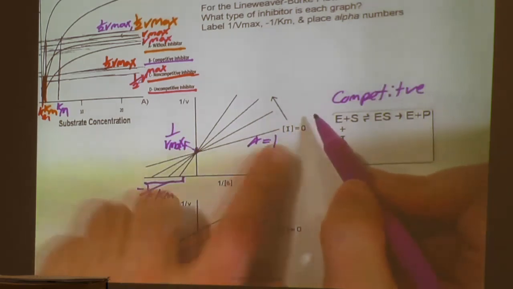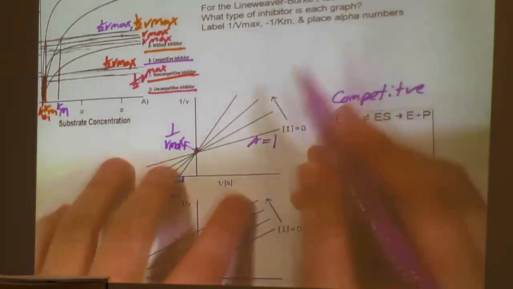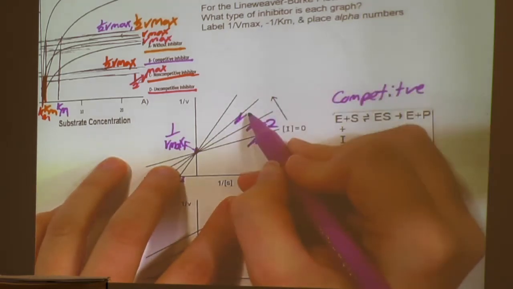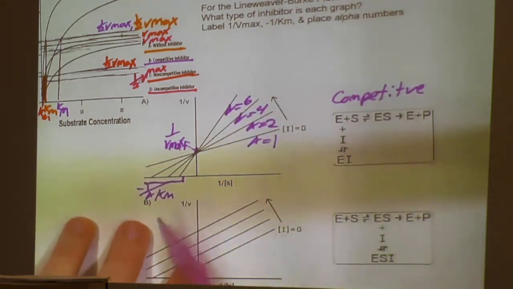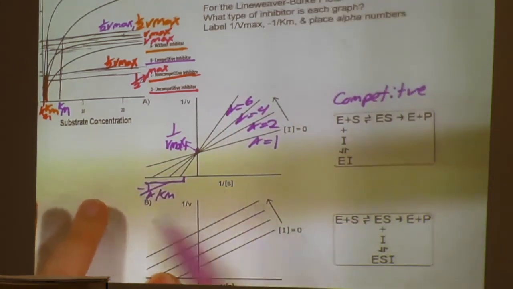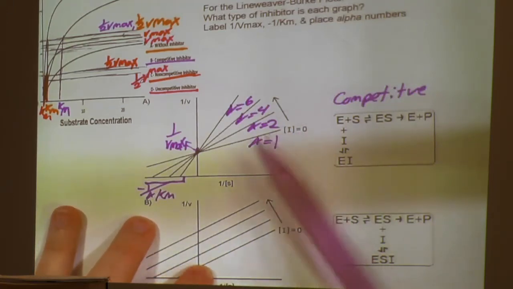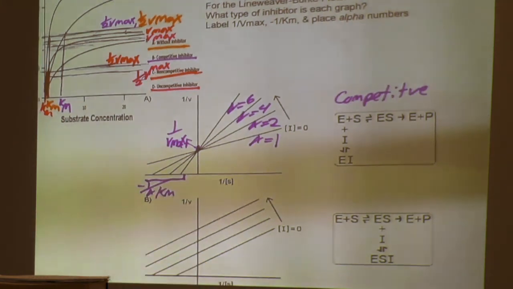And then as you go up, your inhibitor concentration also increases. So you can say that this line is alpha 2, this line is alpha 4, and this line is alpha 6. So, and then for this -1 over alpha Km, you just insert your alpha into that alpha place. Everybody understand that? Okay.